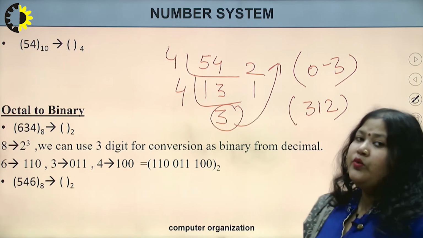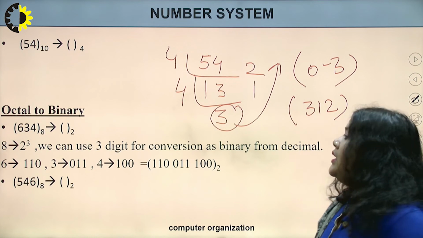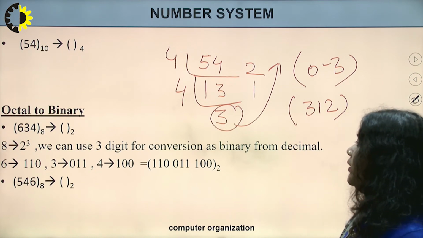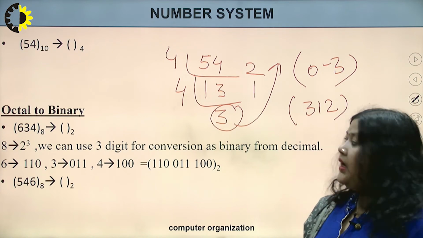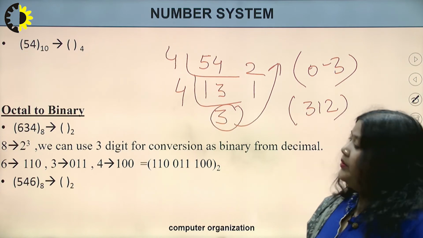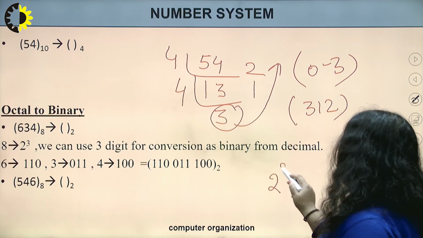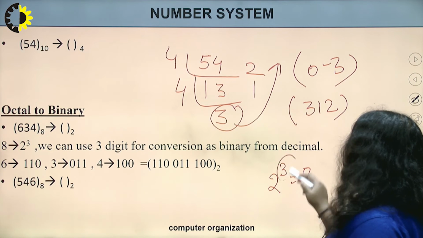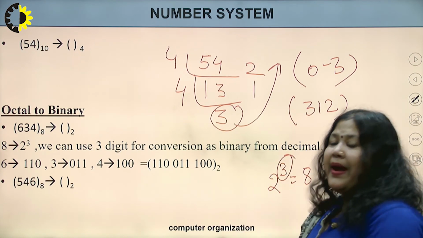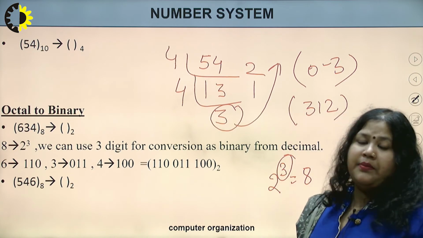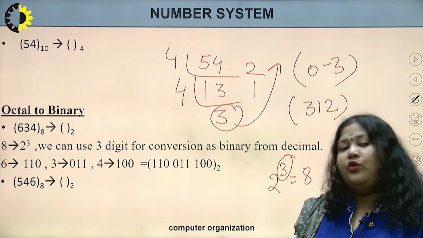Now octal to binary. How do we produce the value from octal to binary? First you have to convert the number into binary in how many bits? Because the octal number base is 8 and 2 to the 3 equals 8. So we have to take the number representation in 3 bits in the case of octal to binary, because we have to represent any decimal number into binary.